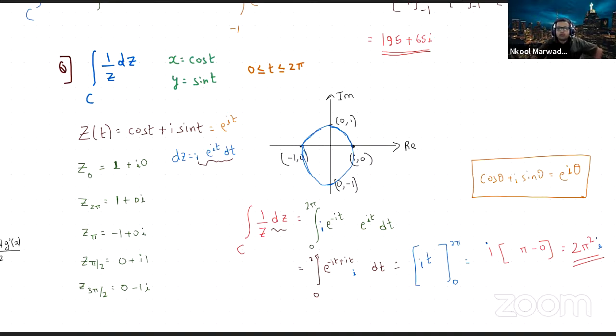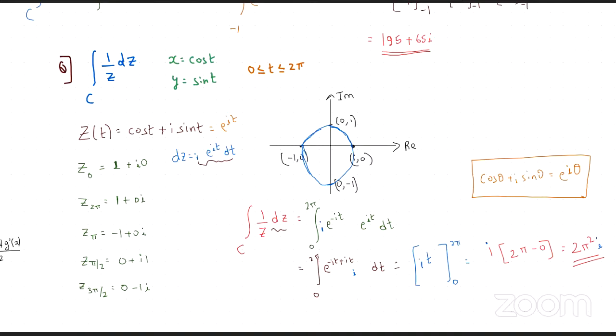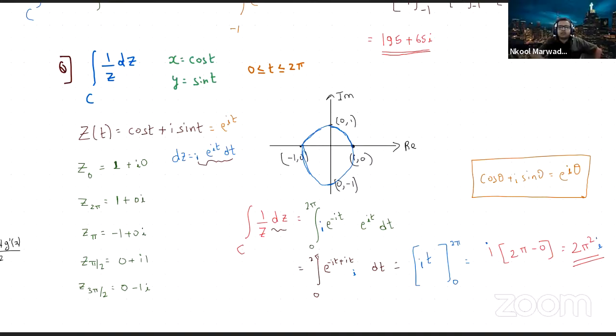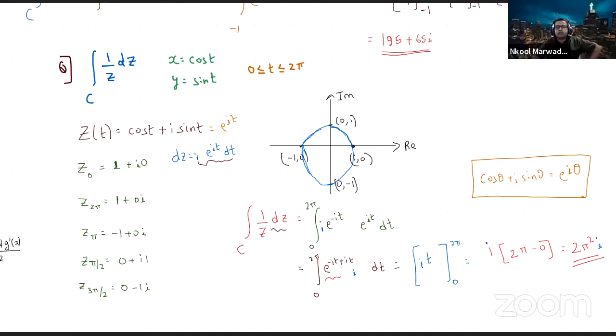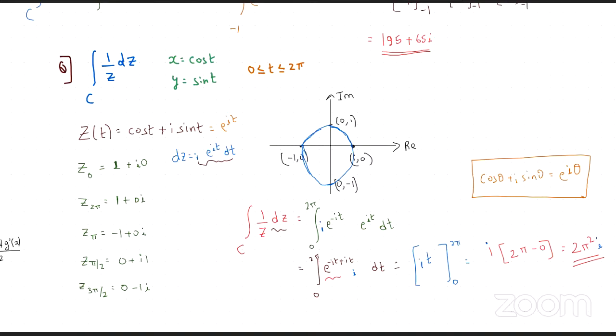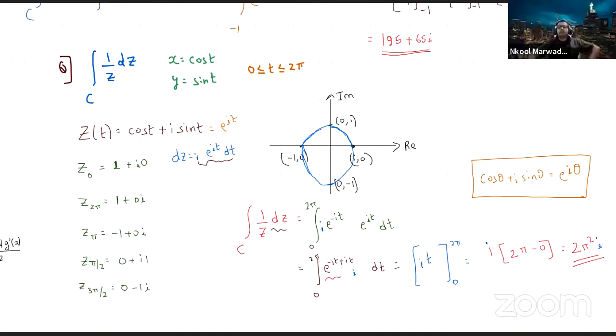See, this is the function you have: i e to the power of minus it times e to the power of it. This term will become 0, I can take i outside, and the integration of 1 is t, because we are integrating with respect to t. Putting the limits, 2 pi minus 0. So the answer will be just 2 pi i.